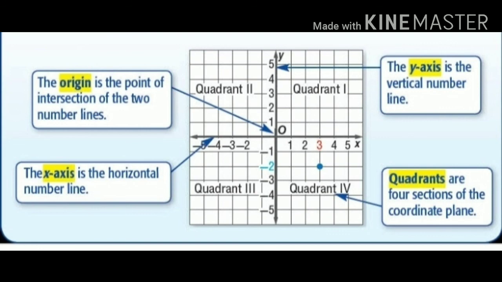And the quadrants are 4 sections of the coordinate plane, that is, the entire coordinate plane is divided into 4 parts by drawing the x-axis and y-axis: quadrant 1, quadrant 2, quadrant 3 and quadrant 4, and it is divided in the anti-clockwise direction.